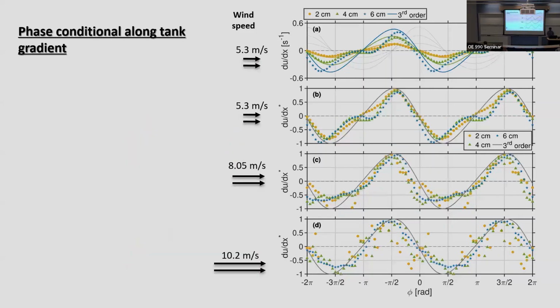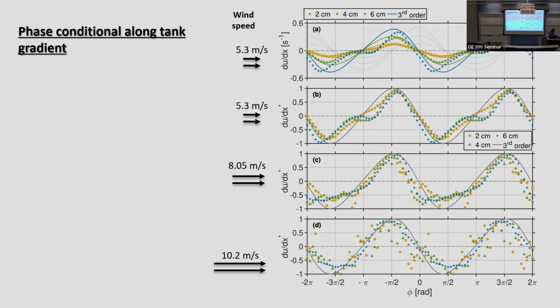Now, we want to talk about the phase conditional along-tank gradient, du/dx. We have our velocity gradient, and we want to see how it compares with the theoretical values obtained from the third order Stokes solution. Because the Stokes solution gives you phi, the velocity potential, you can calculate u as del phi over del x, and then del u over del x, because all of that is just expressions.